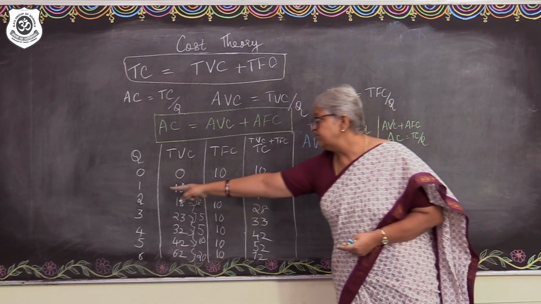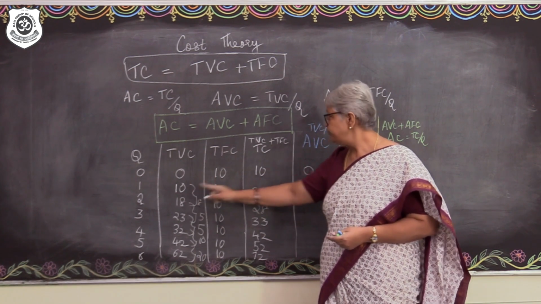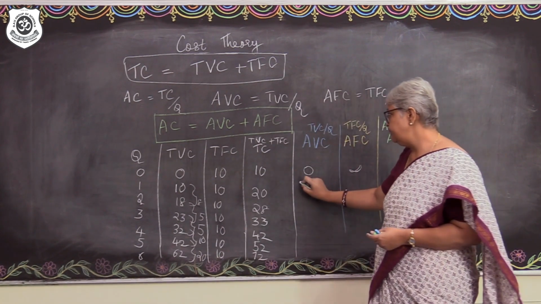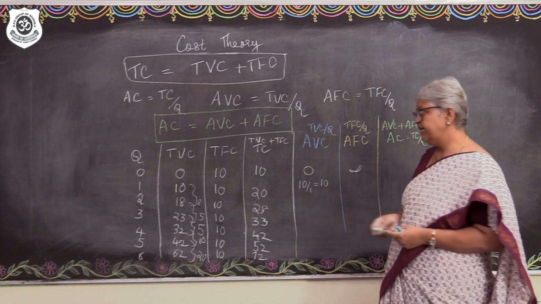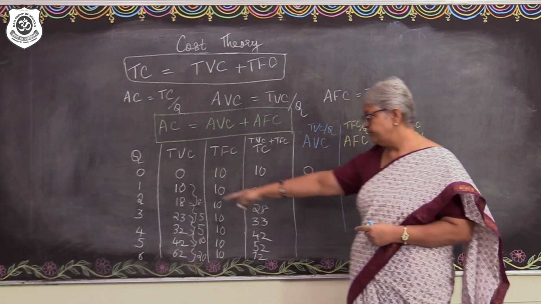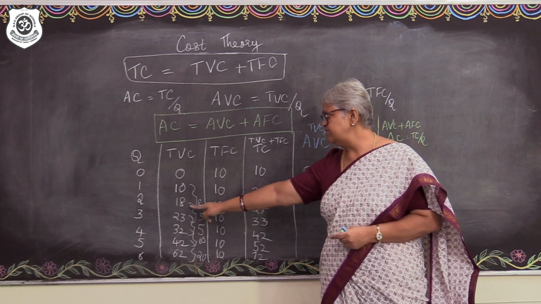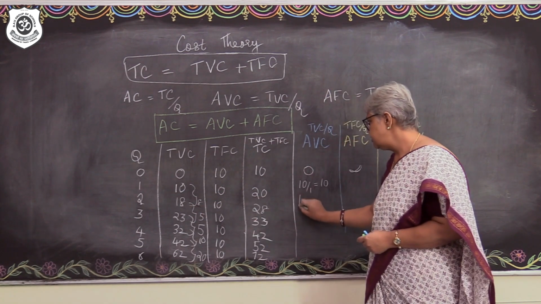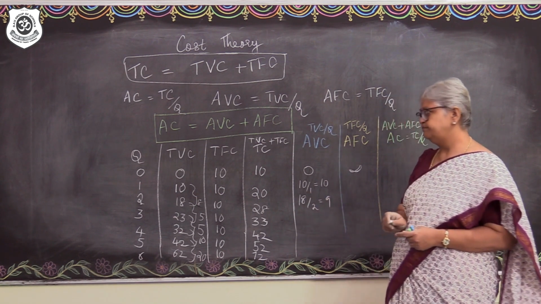So when the output level is 1, the total variable cost is 10. So the average variable cost will be 10 by 1. That will be equal to 10. Then output is going to increase to the next level 2 and the TVC is 18. So this is going to be 18 by 2, that's going to be 9.